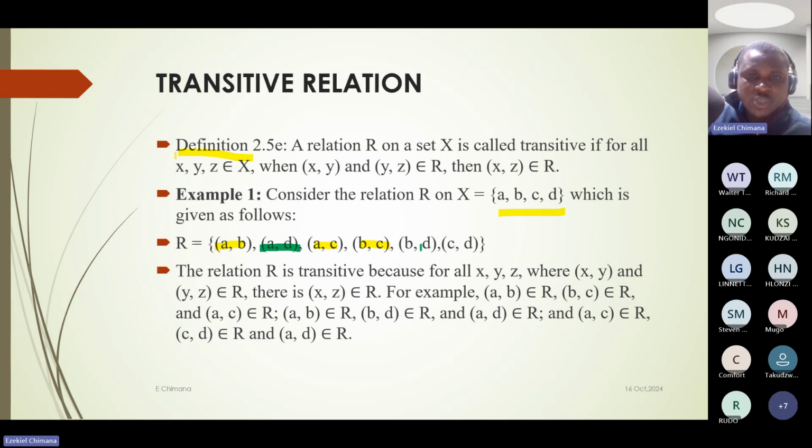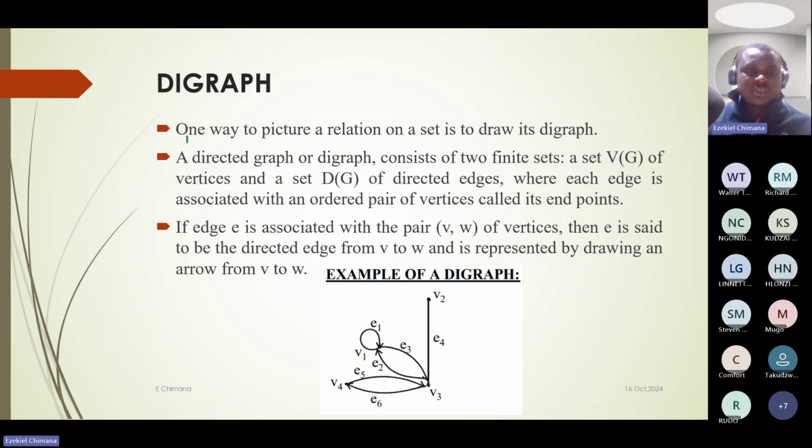Also A is related to B, and B is related to D, so we must also have (A, D). Yes. Then here we've got (A, C), and C is related to D, so you must also have (A, D), through C. So from this, we can conclude that this is a transitive relation.